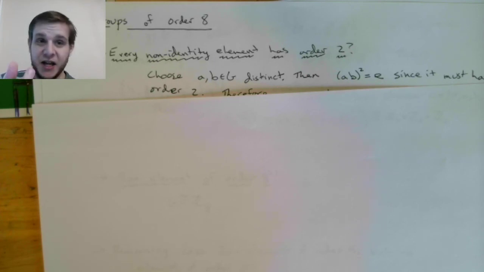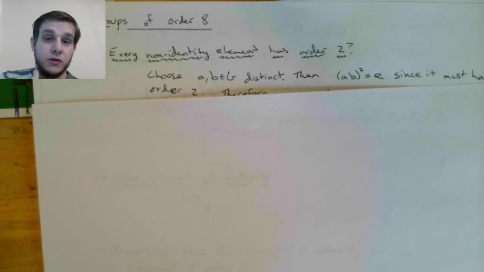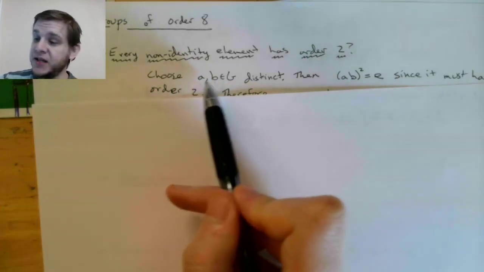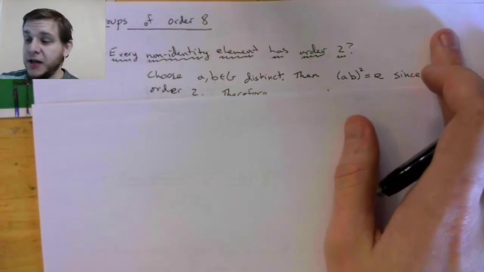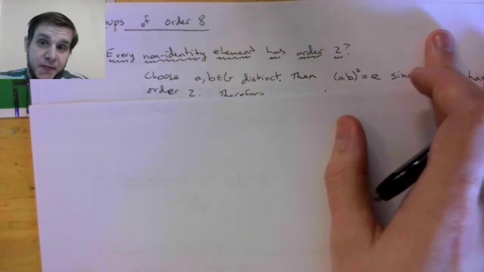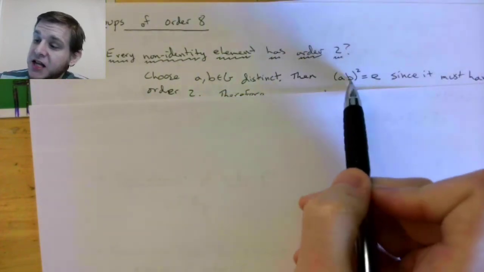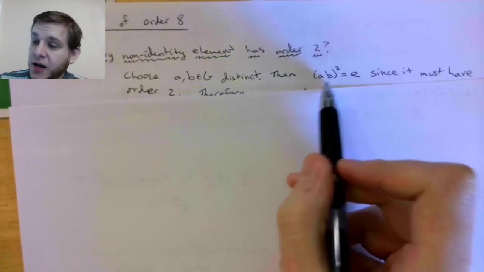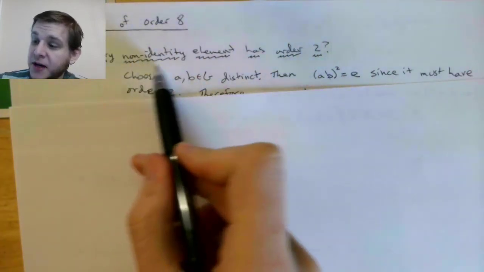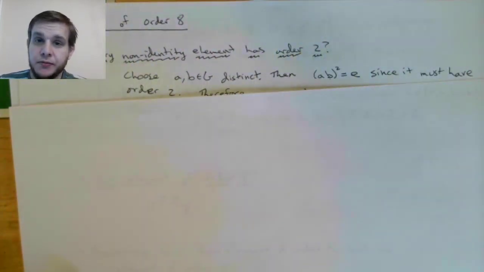A is exactly the element such that when I multiply by itself, I get the identity. So because these are distinct, A is not equal to B, is not equal to A inverse or A. And A times B has to have order 2. So (AB) squared is equal to the identity, because every non-identity element has order 2.